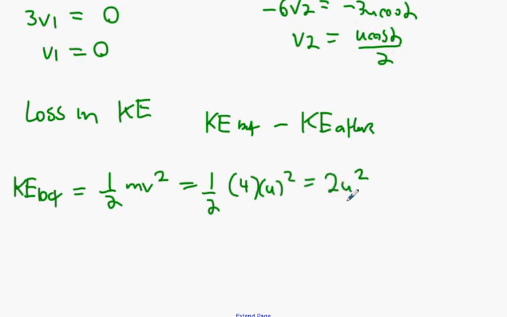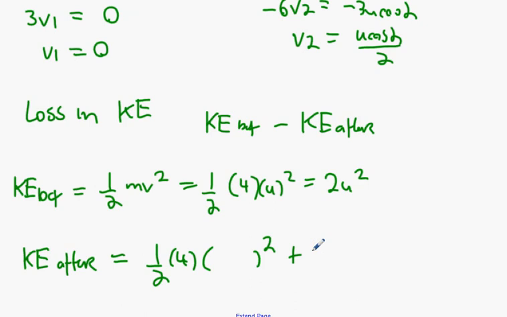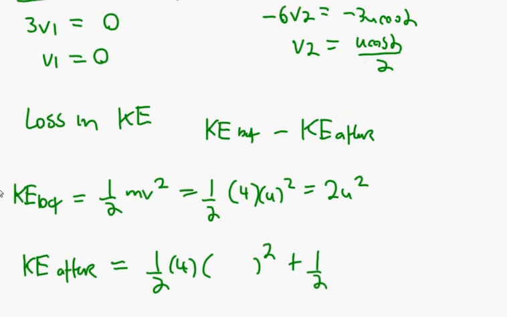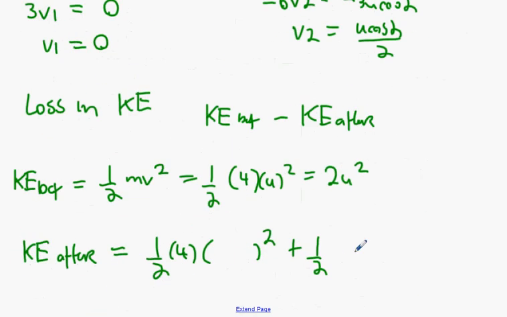Okay. Now, KE after. Now what I could do with KE after is this. It's going to be a half 4 times its speed squared plus a half, what's the weight of the other one? 8 times its speed squared. So let's have a look at the speed.